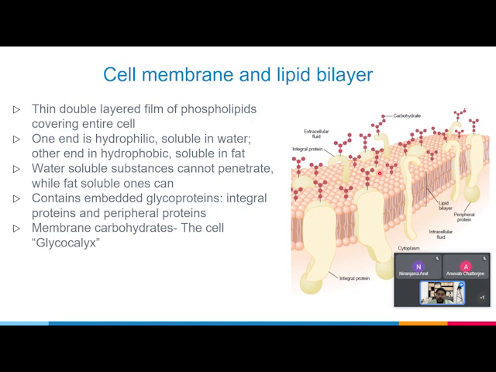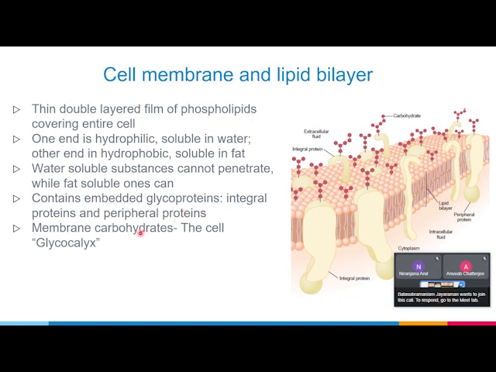Present on the extracellular end, we have various ligand binding sites and cell receptors, and on the other end we have their signaling partners such as GPCR molecules or G protein coupled receptors which bind to G proteins, and those act as the peripheral proteins.